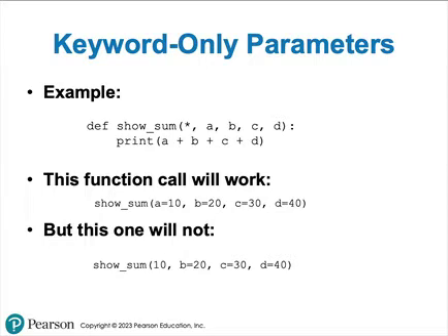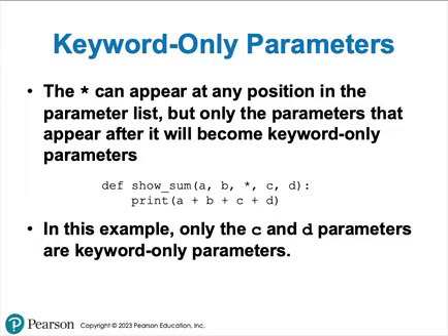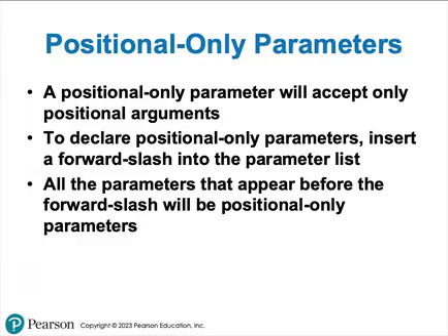The one below will not work correctly because the first argument does not have a keyword name in front of it. Here they're showing you that A and B are positional, so the first value will go into A, the second value will go into B, and then C and D have to be keyword parameters.